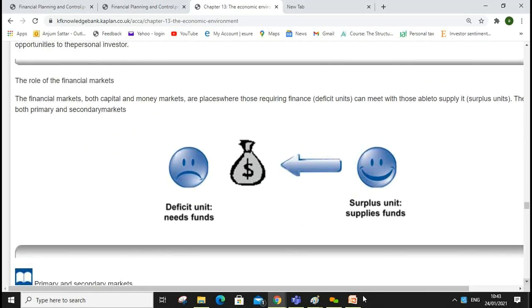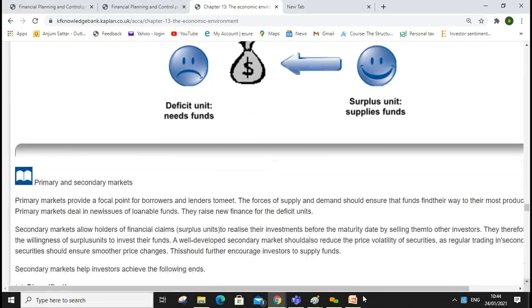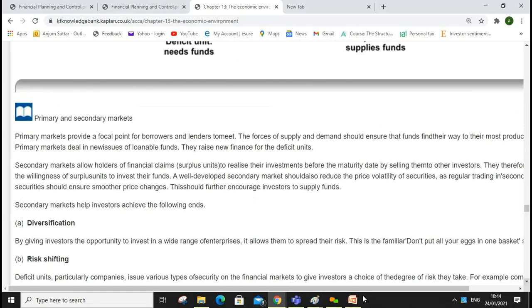Like we discussed, the financial market is about both the capital and the money market, the place where those who require finance can meet those able to supply the funds, and the primary and secondary market. The primary market is where we first sell the securities, and then the secondary market. So you will see the explanation here.